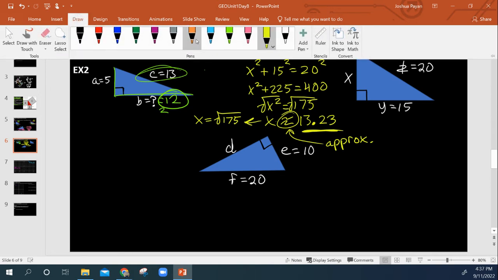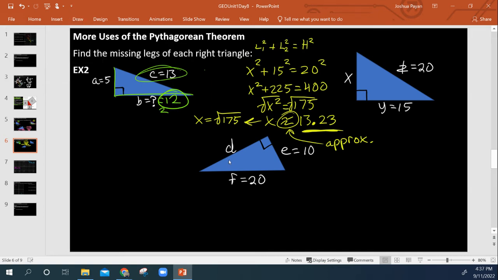Okay, one more example on this page. So we're looking for another missing leg, right? That's not the hypotenuse. The hypotenuse is right over here, opposite of our right angle. Okay, so d squared plus 10 squared is equal to 20 squared. D squared plus 100 equals 400. And subtract 100 from both sides, and we get that d squared is equal to 300.